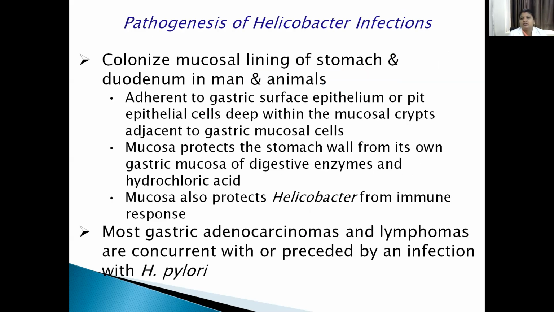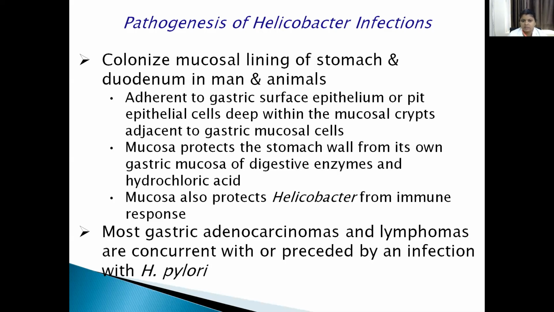The pathogenesis of Helicobacter is not clearly understood, but some theories have been given. After entry into the host, it first colonizes the gastric mucosa but does not invade it. Because of this habitat, it resists the acidic pH.